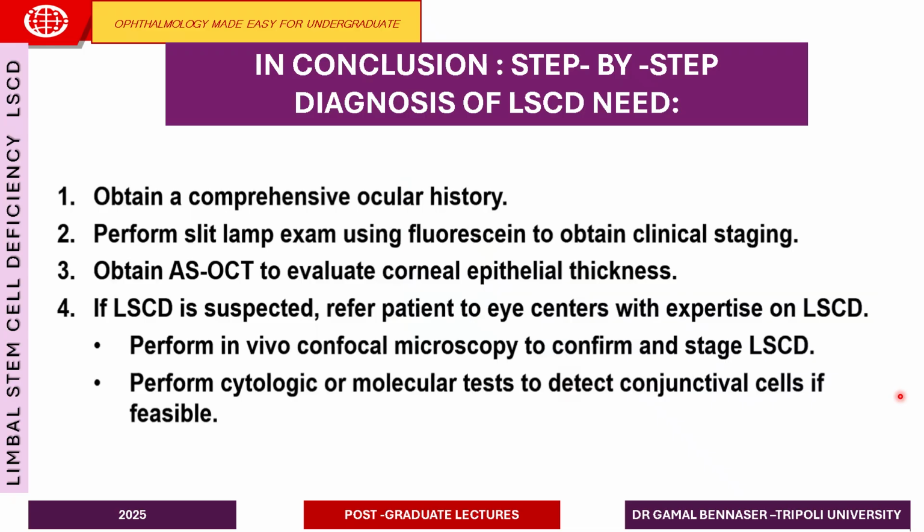Now, if you are suspicious and you are still not on solid ground to say that this is a case of limbal stem cell deficiency, it is better to refer the patient, if it is available in your country, to a very specialized corneal center where there is the facility for in vivo confocal microscopy, and to also perform impression cytology to detect goblet cells on the surface of the cornea, and also to do some molecular tests to determine some of the biomarkers for the epithelial cells.